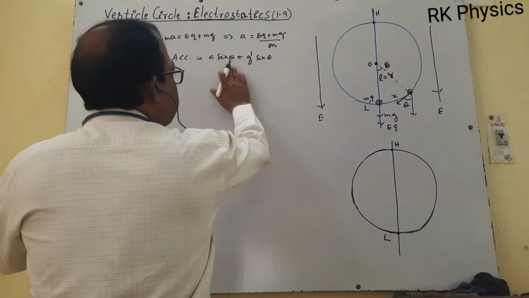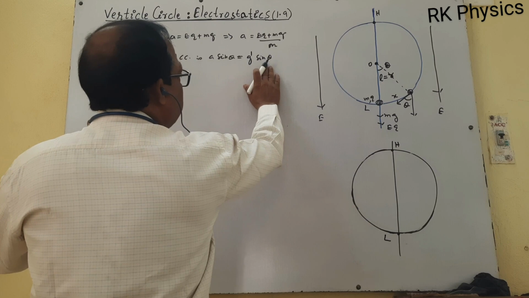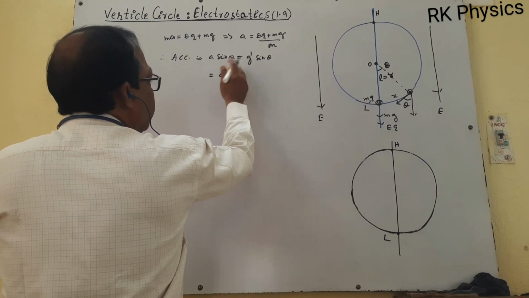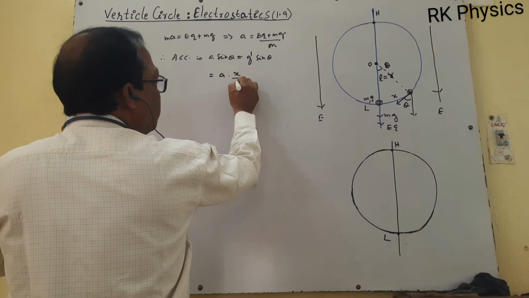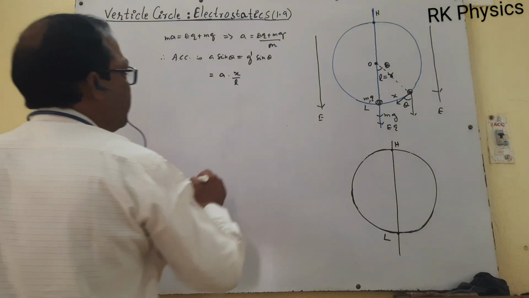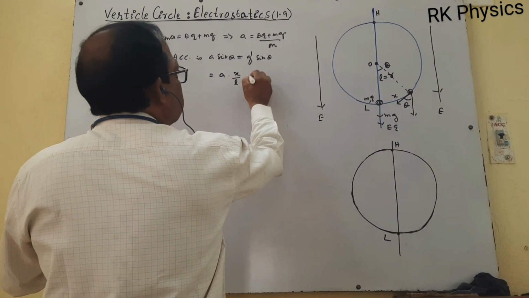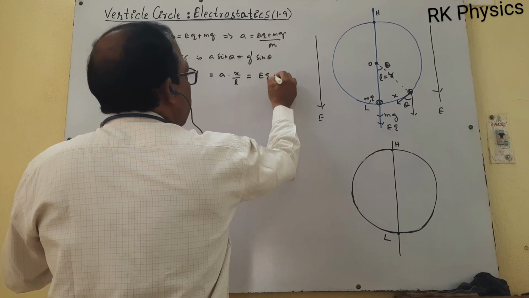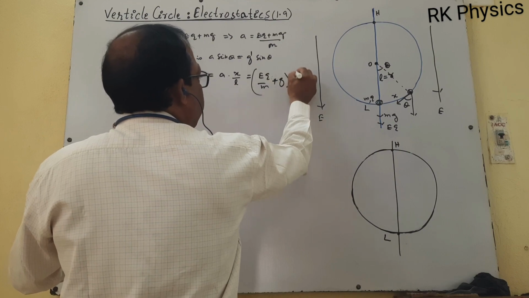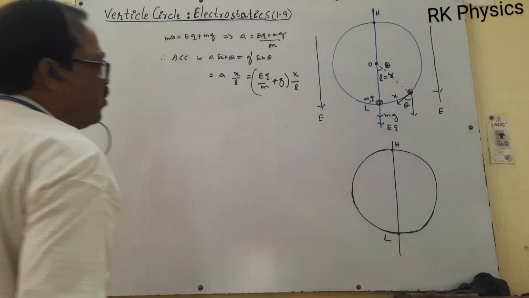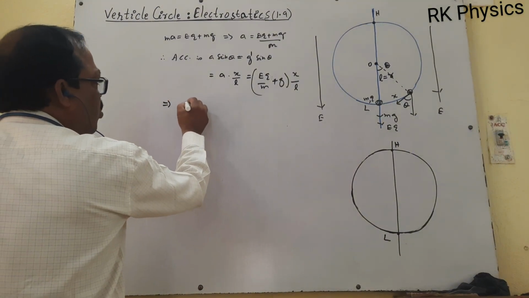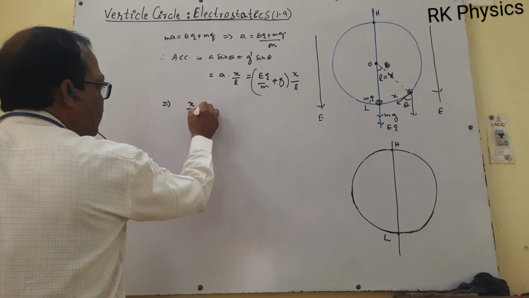So now a sin theta means this is g prime sin theta. Practically theta is very small. So this is a into sin theta, meaning x divided by L, arc divided by radius, which equals (EQ by m plus g) whole into x divided by L. Now from this you find out what is x by a.